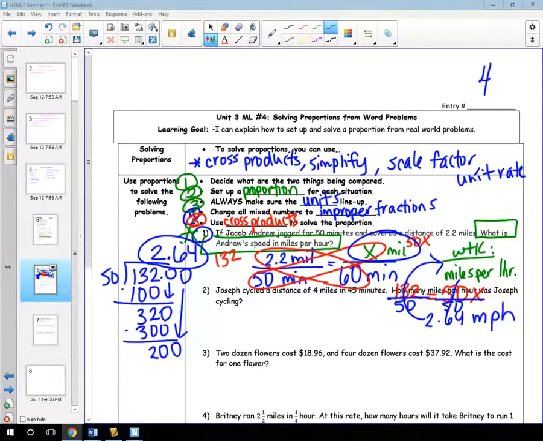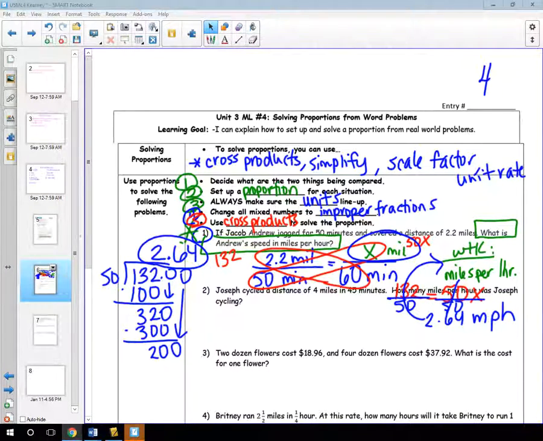Now, always come back up here and say, did I answer my question? Did I figure out how many miles per hour he was going? And yes, I did. Okay? So, let me recap the steps that I just went through. One is I read the question and I boxed it in and I said, what do I want to know by the end of this? So I wrote my want to know to the side. Then I read the situation.